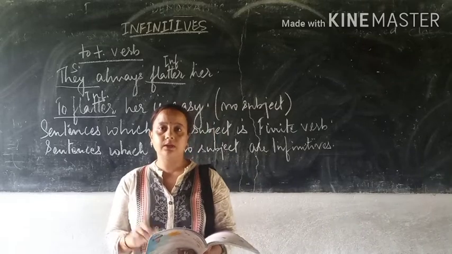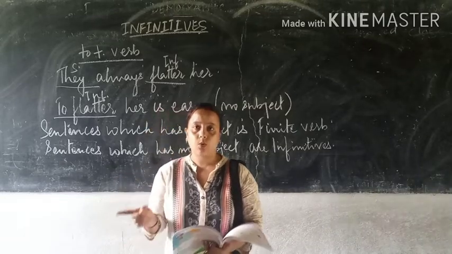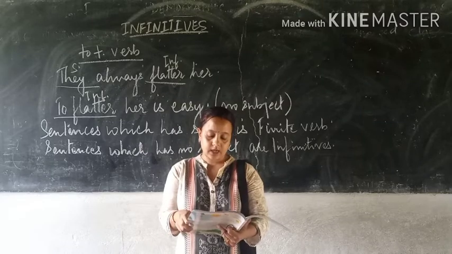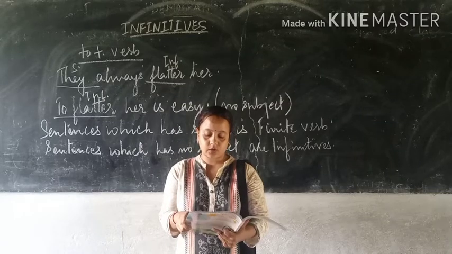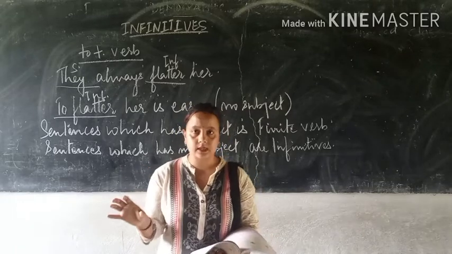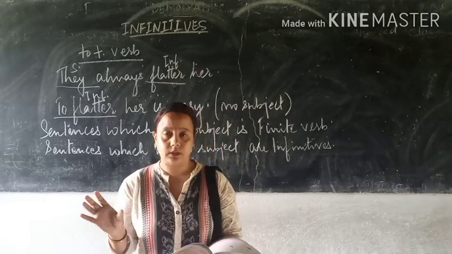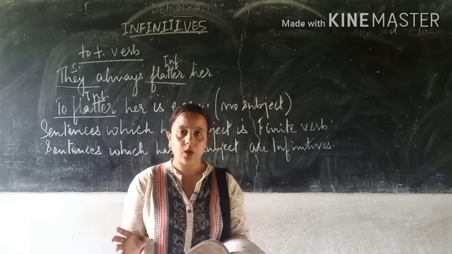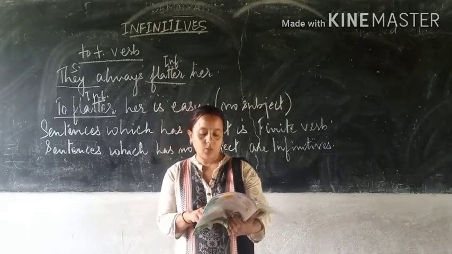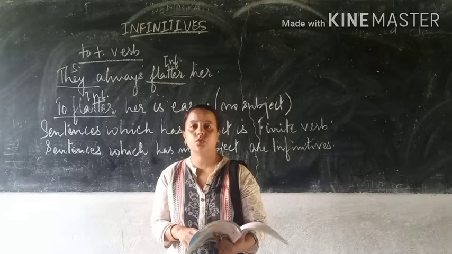So these sentences, it is easy to find fault. Here to find fault is a phrase. A phrase means a group of words which has no subject. In this sentence also, you can just write to find fault.